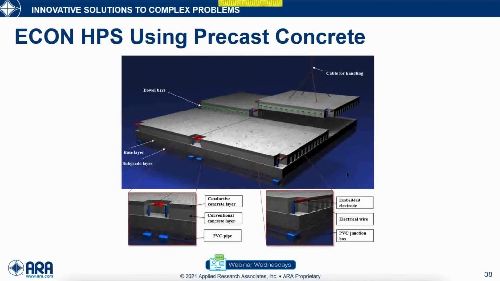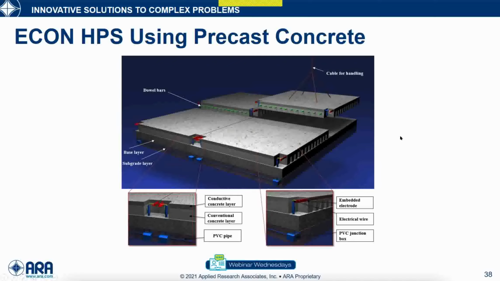As you know, precast concrete is very good for accelerating the construction process and reducing traffic time. So we can use precast technology for heated pavement as well. Basically, we can modify the precast: we put just a top layer of ECON, as I mentioned, add electrodes, and the bottom layer is just normal concrete.